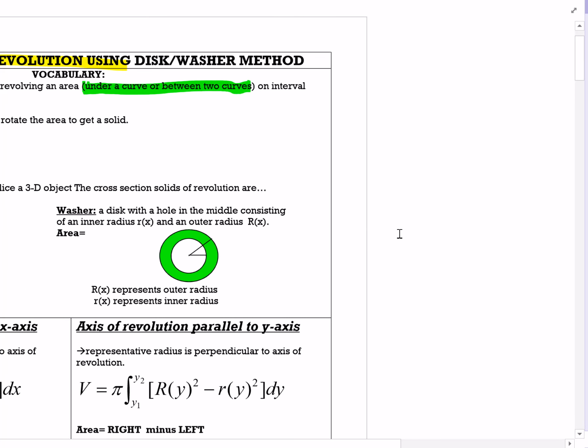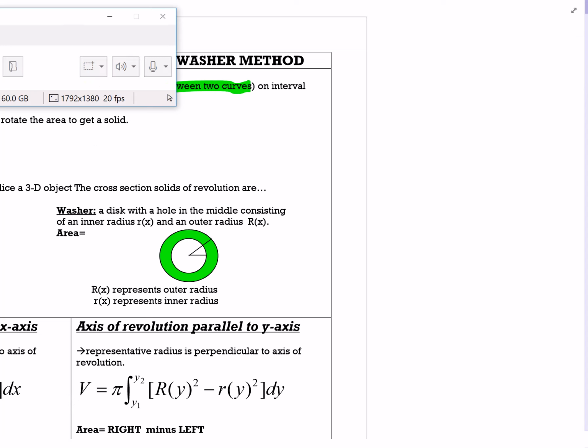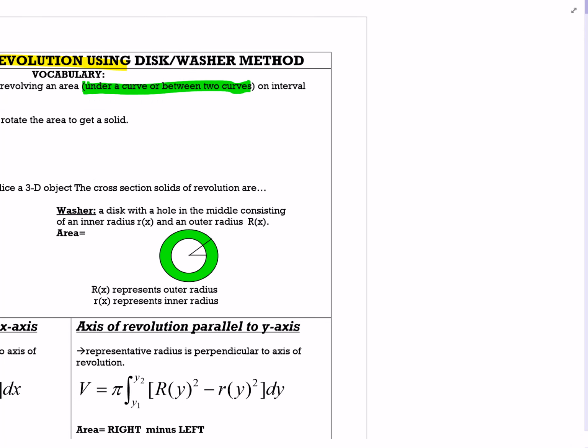We can rotate along a vertical line like that. We can also rotate around a horizontal line like this, and let me just show you that real quick. Let's say we have a horizontal line like this, and we're going to rotate in this direction. And let's say the object we're rotating is, I don't know, a rectangle like this.